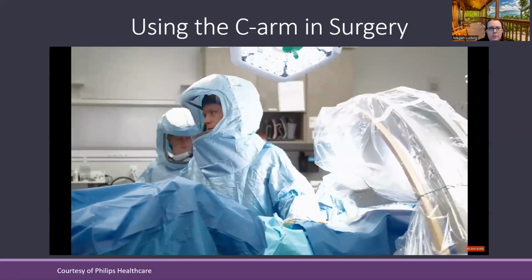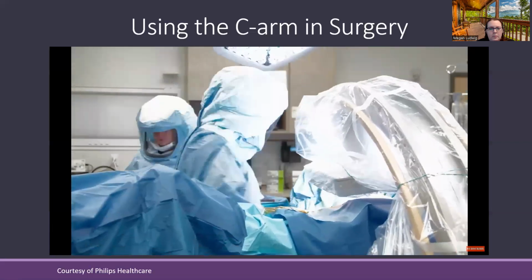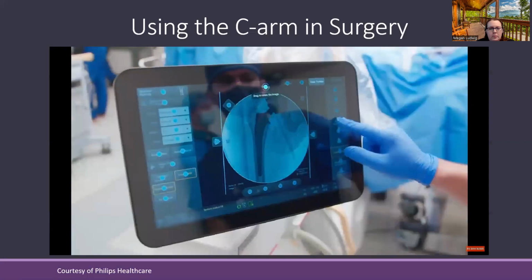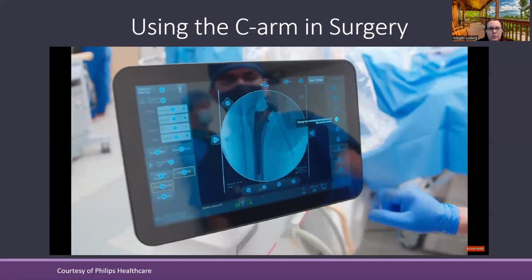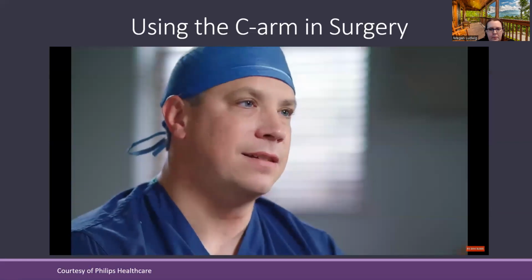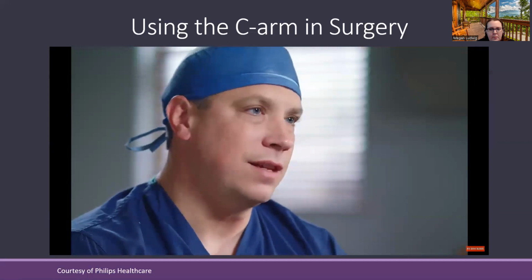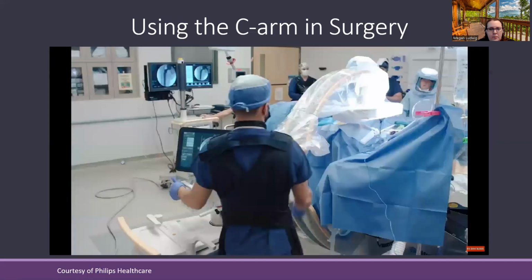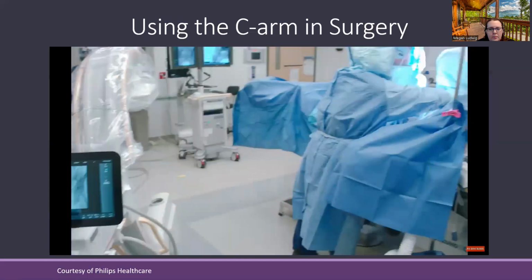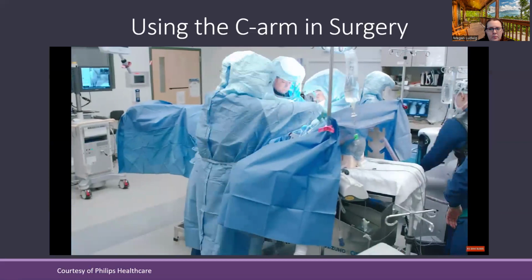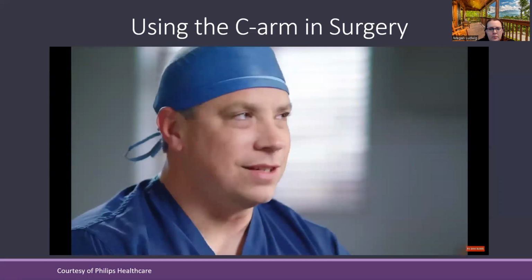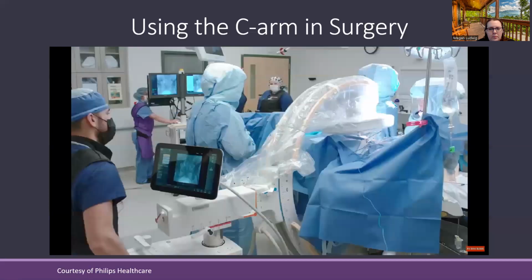I can focus on what I'm doing without having to direct the image capture and change the images on the fly, because the ease of the interface makes it so that pretty much anybody that has come into my operating room can immediately access the C-arm, direct the C-arm, utilize the C-arm, and does not need really a lot of added direction. Its small footprint and the ability for the C-arm to not take up a large area within the OR that we're trying to keep sterile is something that's really been a benefit.